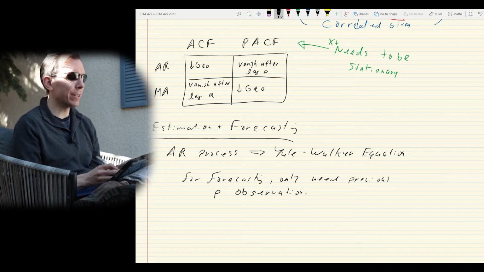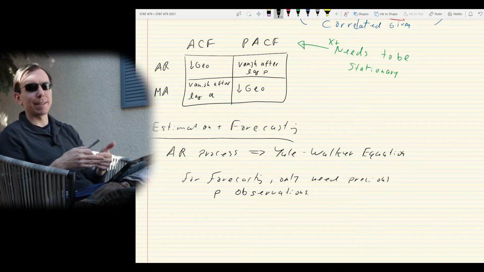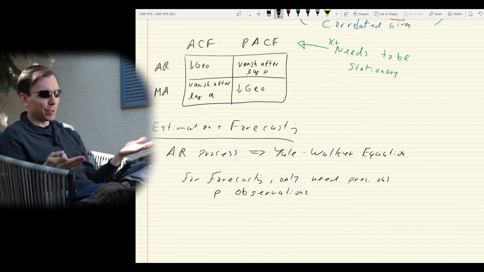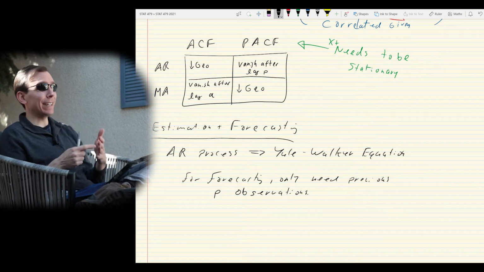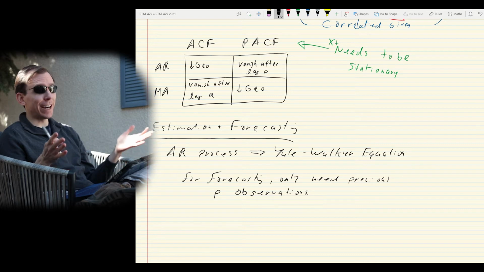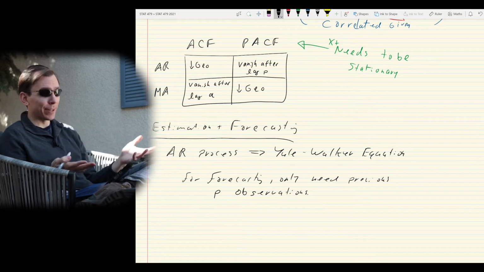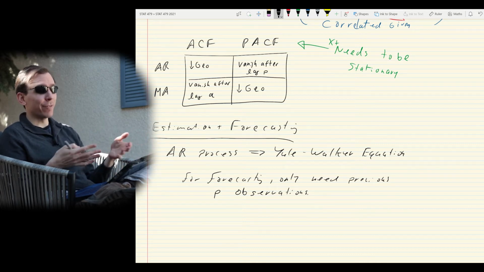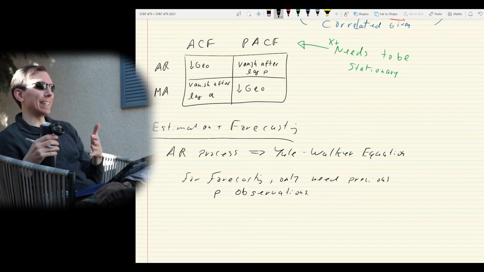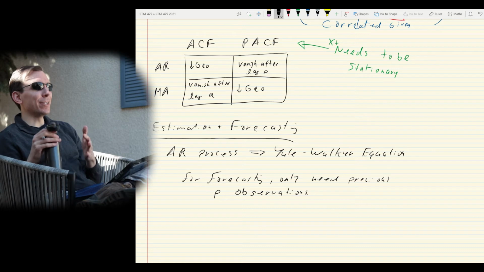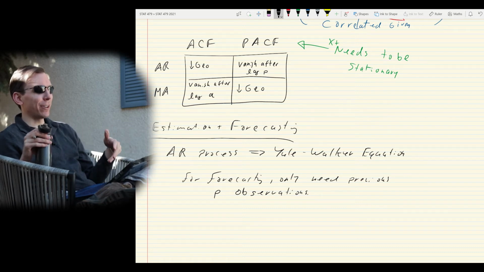Then we only need the previous P observations to forecast the P plus first observation in our time series. Of course, we still want the entire data set because we would use the entire data set to estimate the parameters phi 1 through phi p for our model. So more data is still good. But the nice thing is that we don't have to use the entire data set in order to estimate or forecast future time points.